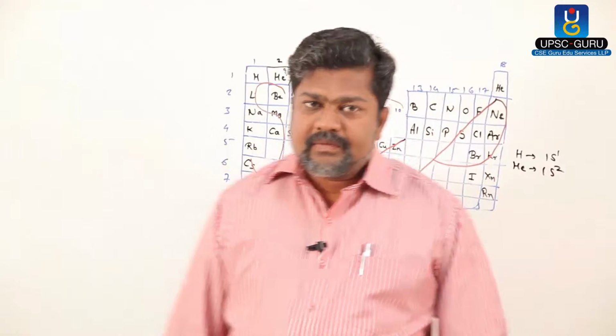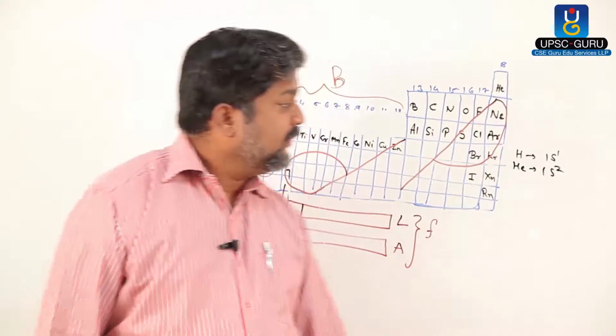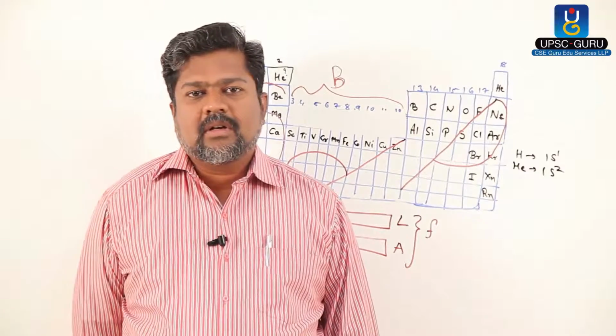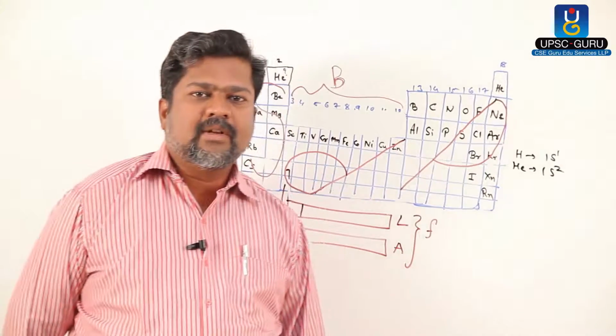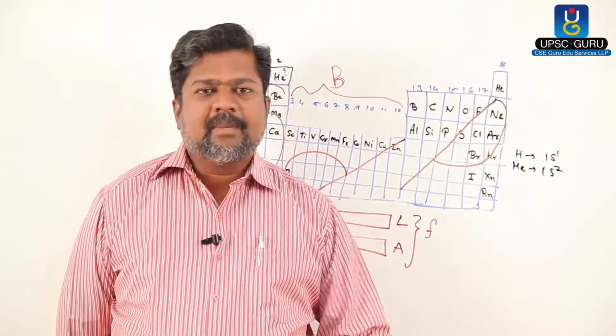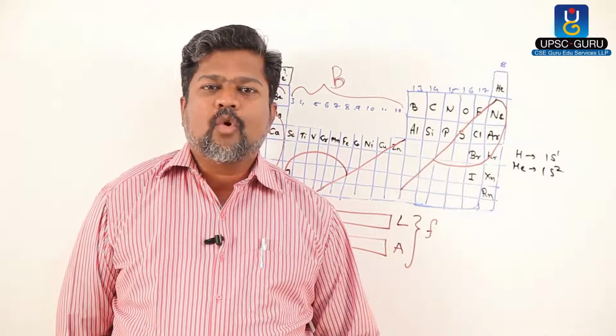Okay, let us check out these concepts also, because they are part of our chapter. Last group, that group 18, and in earlier day it was called as 0 group or group 8b. These elements are having 0 valency.